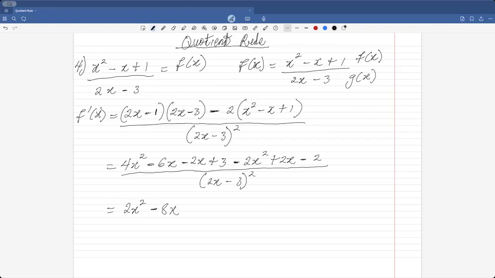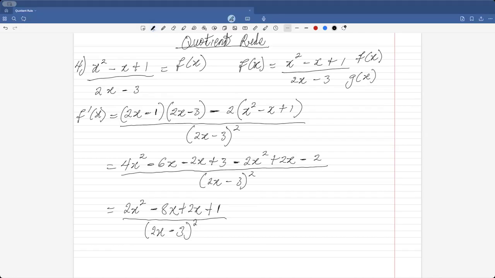We also have plus 2x, and we have 3 minus 2, which is plus 1, all over, open parentheses, 2x minus 3 all to the power of 2.